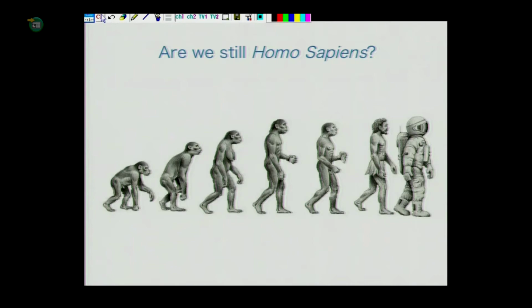Firstly, we discussed the definition of Homo sapiens, and according to today's definition of Homo sapiens, we are still Homo sapiens because genetically we have been the same for a long time.